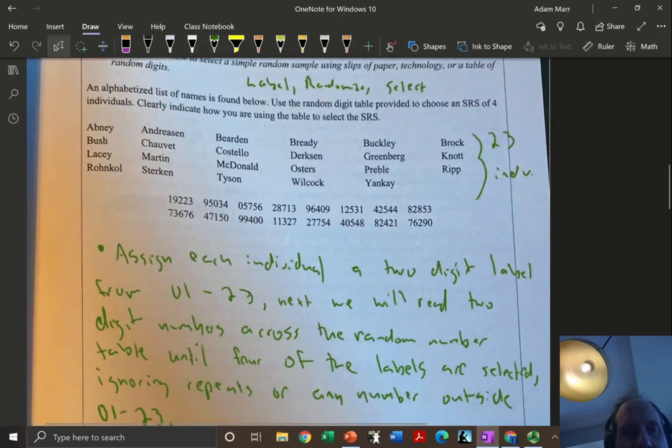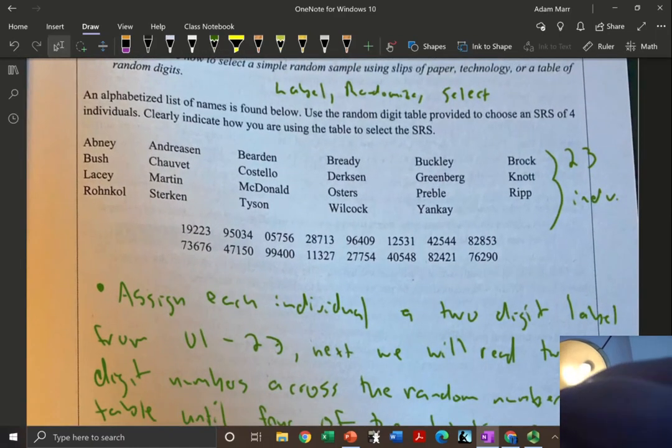Let's look at an actual example. First we'll label from 1 to 23. Let's go ahead and do that.